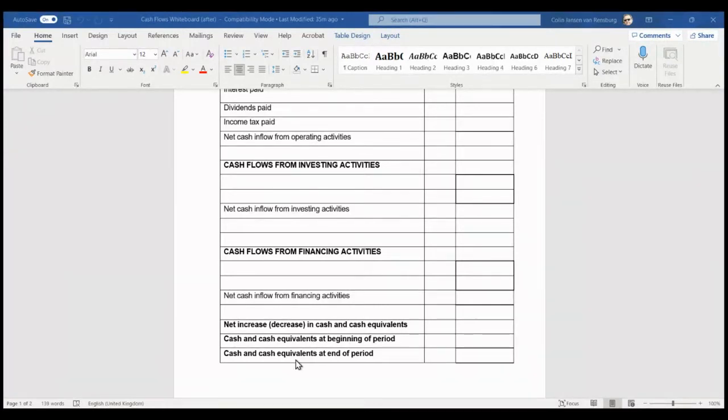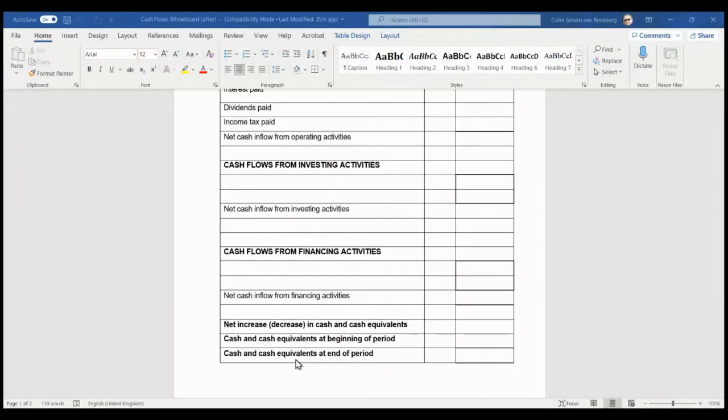Okay, ladies and gentlemen, now let's maybe just talk about the direct method and the indirect method. Originally, when it was still the statement of source and application of funds, there was only one method, and that method still lives with us today, but we call that method the indirect method, right?